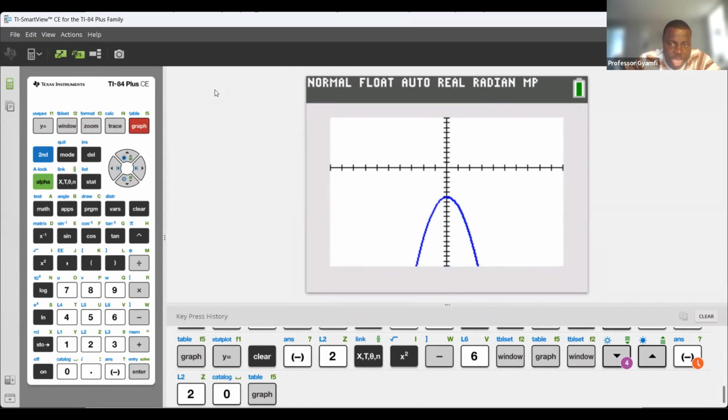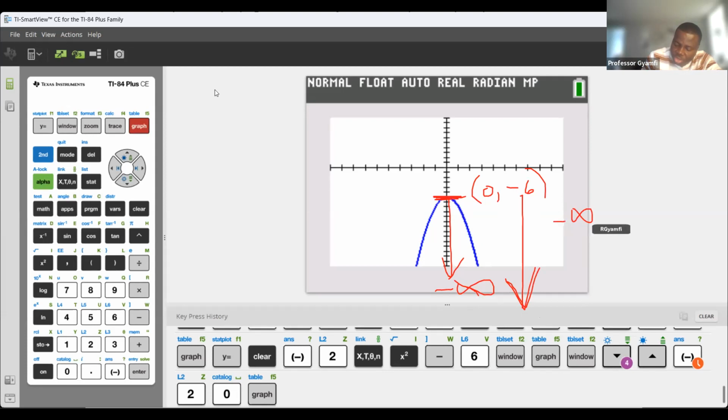But really, even from here, I'm trying to find the range, right? That's what the question says. I already have my domain, my range. So you know that your range would go from here to what? Negative infinity. Now, at this point, we know that our vertex was 0, negative 6. So for y values, it's going from negative 6 till negative infinity.